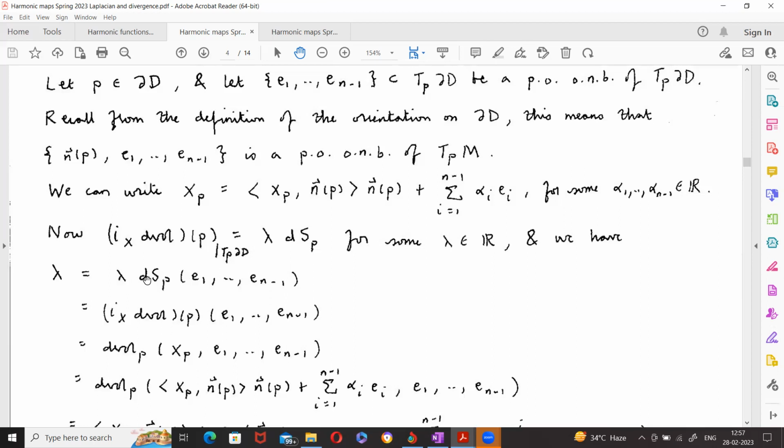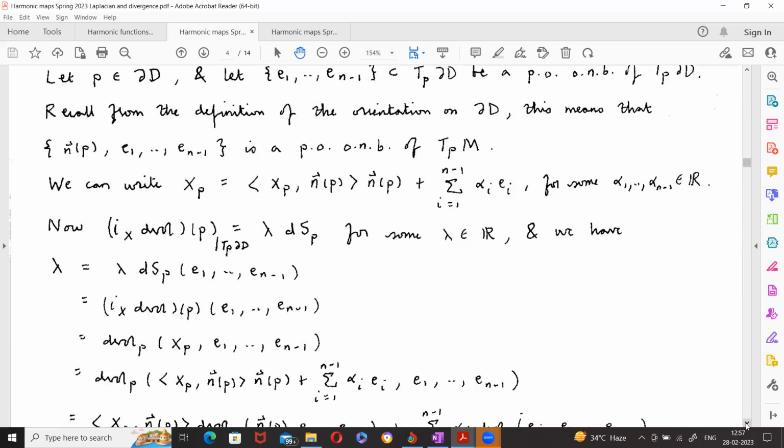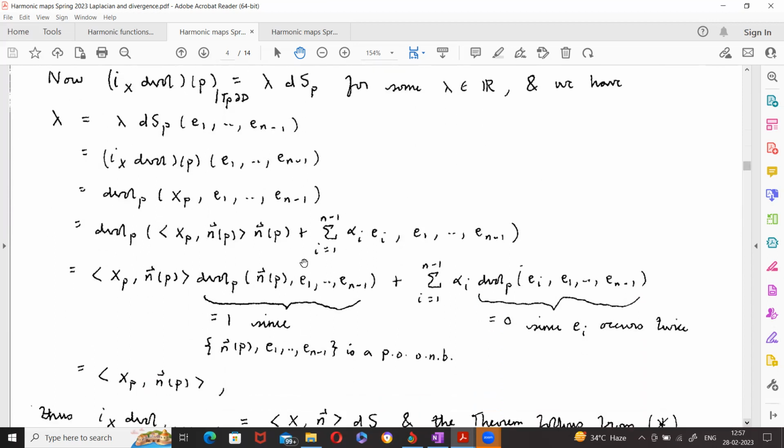And now lambda ds is Ix d vol. So Ix d vol applied to E1 to En minus 1 means d vol applied to X and then E1 to En minus 1. And then X I write in terms of the orthonormal basis as X inner product N into N plus these other terms alpha I EI. Right. So I expand this by multilinearity.